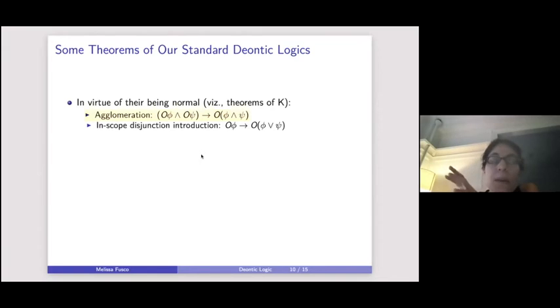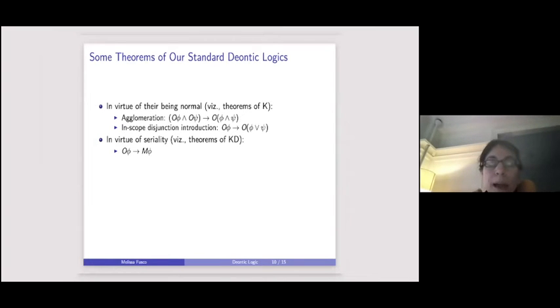Just think of the ought as a box. If every ideal world is a phi world and every ideal world is a psi world, then every ideal world is a phi and psi world. Likewise, what I call in-scope disjunction introduction will be valid. That just introduces a disjunction in the scope of an ought or a may. So ought phi entails ought phi or psi. If every ideal world satisfies phi, then every ideal world satisfies the weaker property phi, Boolean or psi.